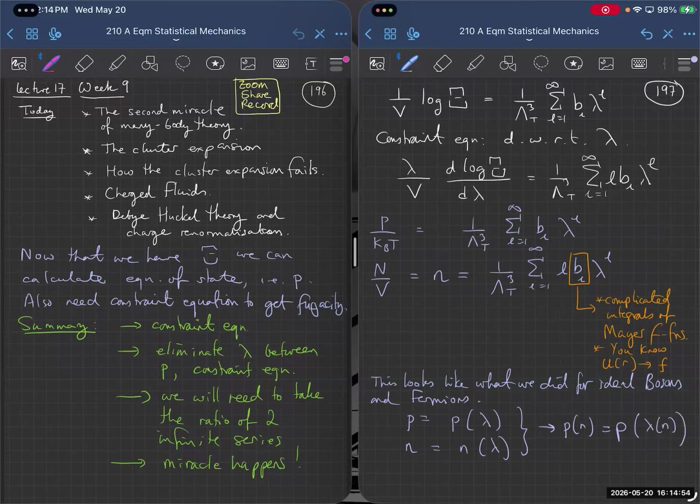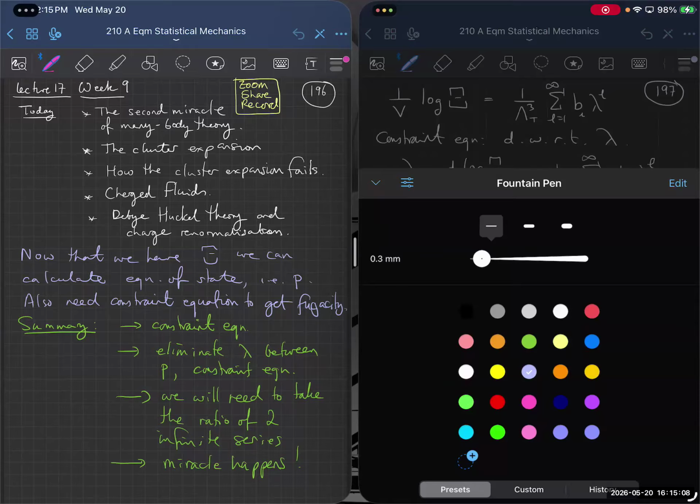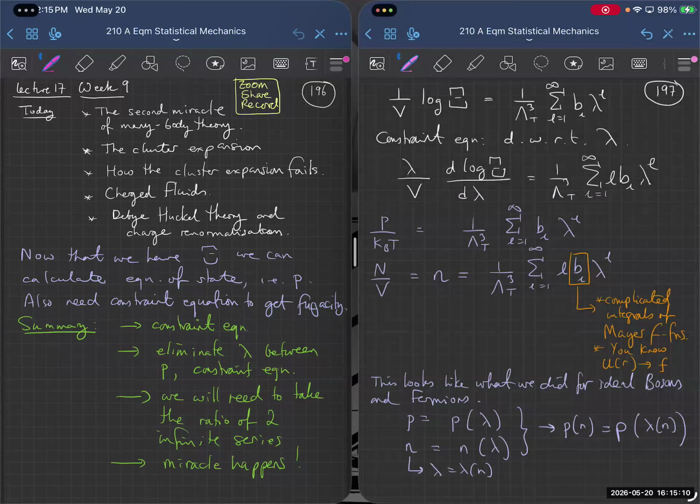In other words, I invert this. And you say, well, that should work, because lambda is now just a function of n, and so everything works.